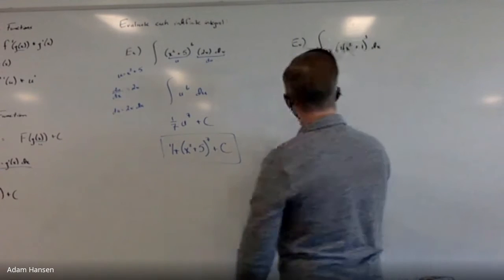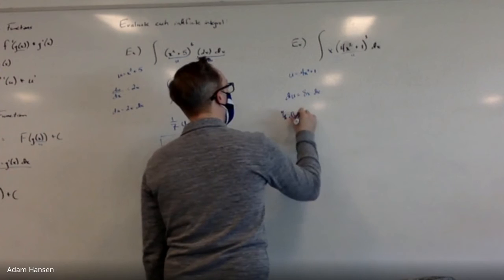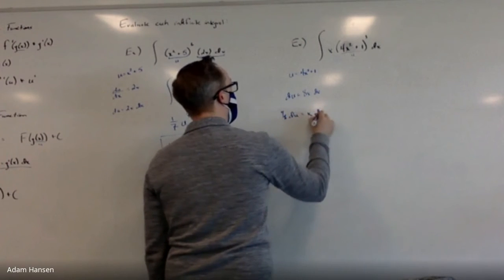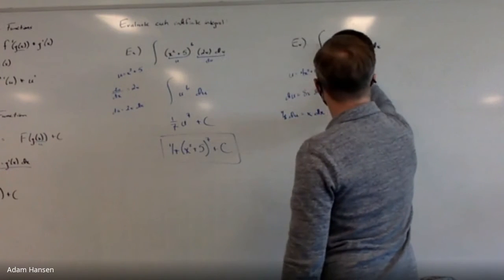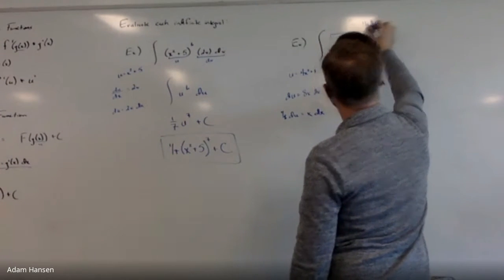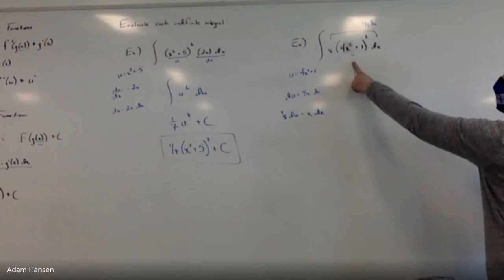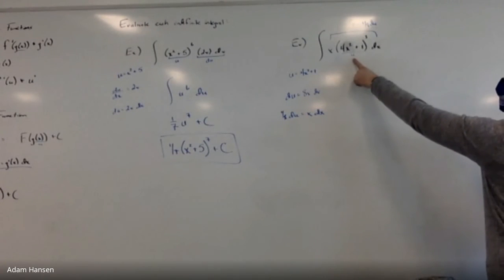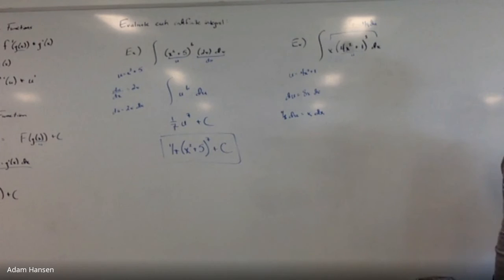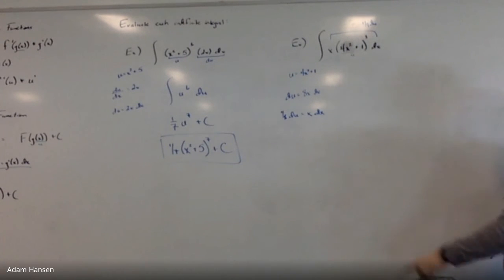So let's just write this as 1/8 du equals x dx. So x dx, that's going to be 1/8 du. Instead of 4x squared plus 1 to the third, in terms of u, that's going to be u to the third. Instead of x dx, I'm going to call that 1/8 du. I'm going to write this integrand in terms of u.